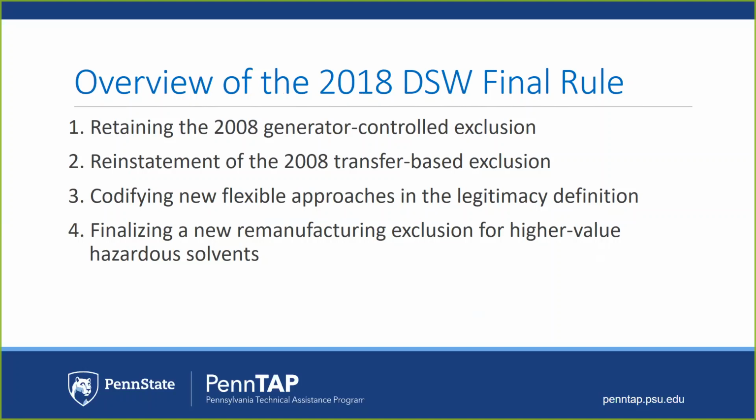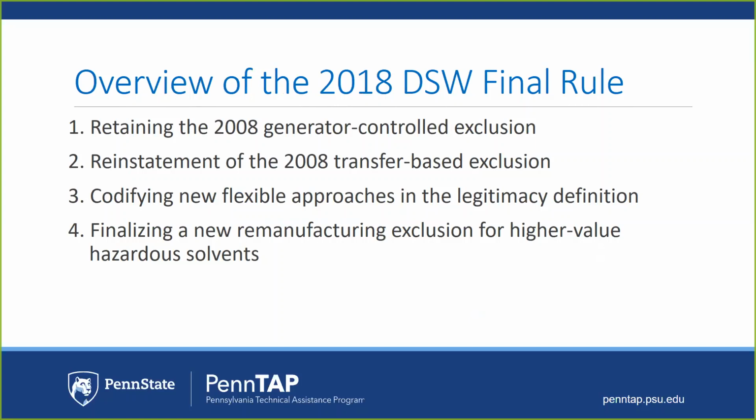Second, it reinstates the transfer-based exclusion and vacates the verified recycler exclusion that was included in the 2015 Final Rule. The reinstated transfer-based exclusion requires a reasonable effort to audit the recycling facility prior to sending material. The verified recycler exclusion required a variance to be obtained before a recycler accepted the materials to be recycled.